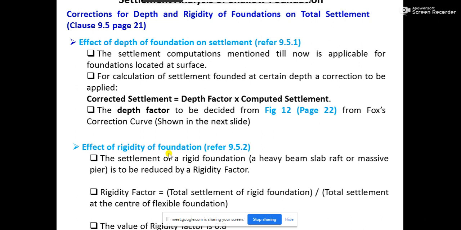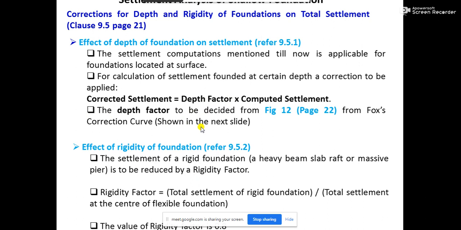The corrected settlement, whatever settlement you get from the formula we discussed previously, you will have to multiply by a factor called the depth factor. Now how do you get the depth factor?